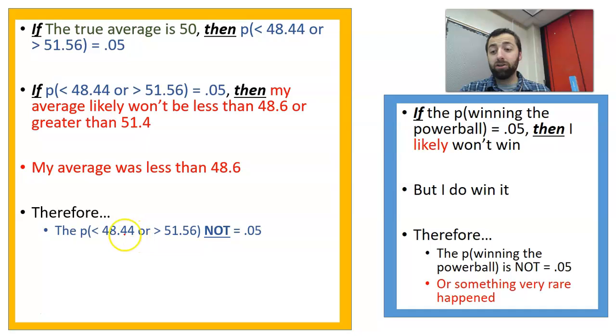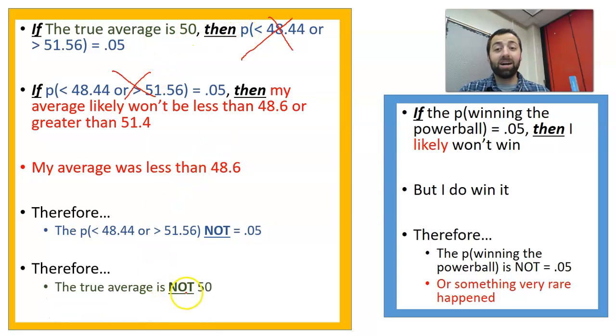All right. So in other words, we have just ruled this statement right here has just invalidated this possibility. All right. And if that is not true, then the true average is not 50. All right. Because we just said if the true average is 50, then that probability is equal to 5%.